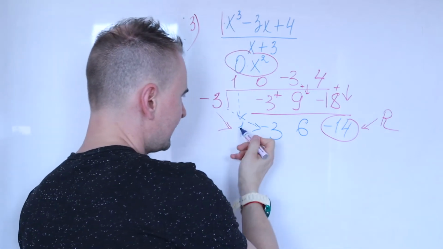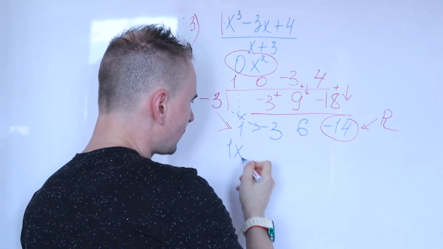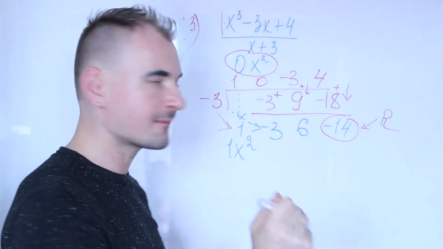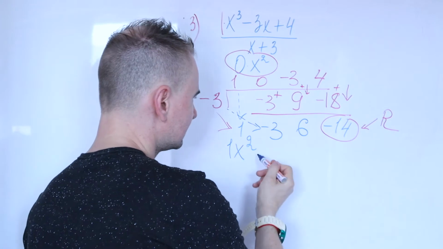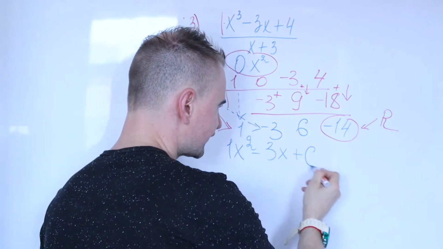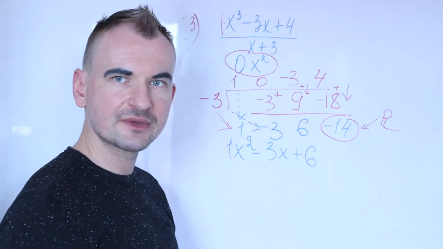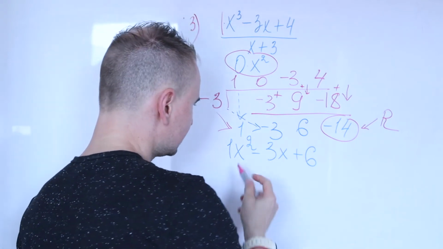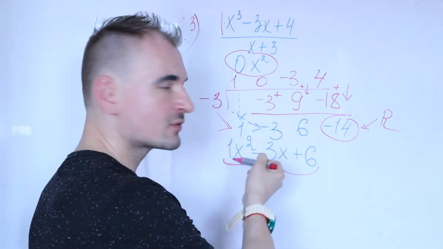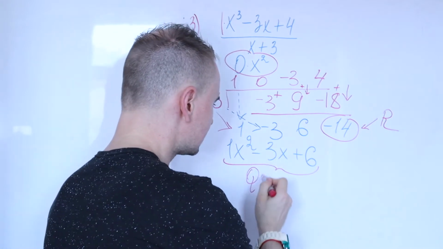So this one is the coefficient of x squared, 1 less, knock down 1. Next one, minus 3x and plus 6. So this is your quotient. You can just ignore this one. You don't have to write this coefficient 1. So this is the quotient.